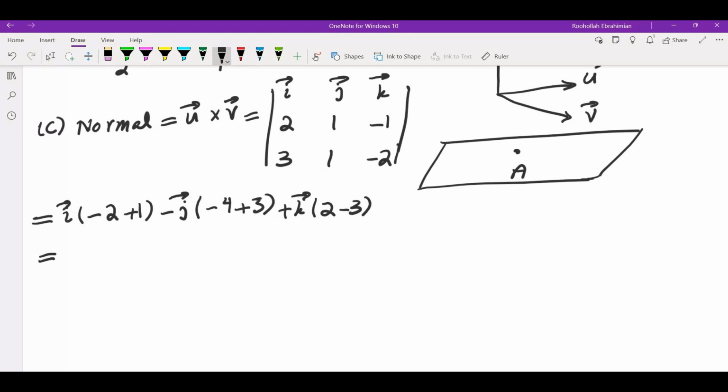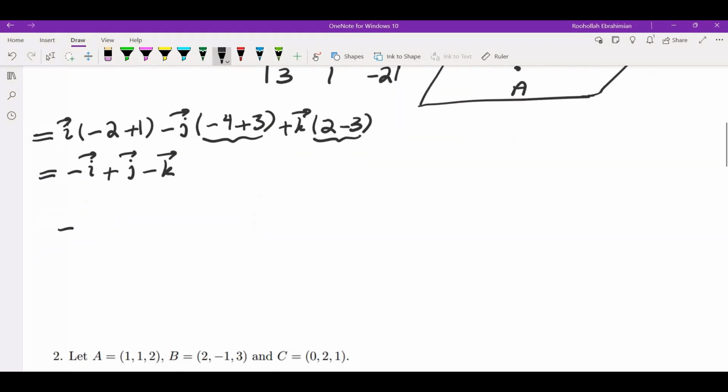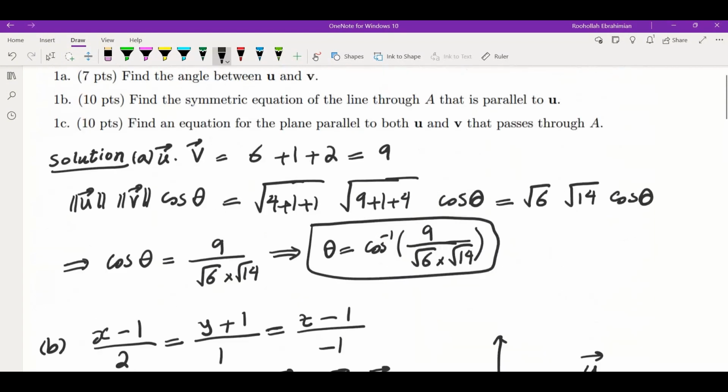Let's simplify to see what we get. We get minus i. This is going to be minus 1, so plus j, and then this is minus 1, so minus k. So the plane would be, because that's the normal vector, minus (x minus the first coordinate of A), and A was (1, -1, 1), if I remember correctly.